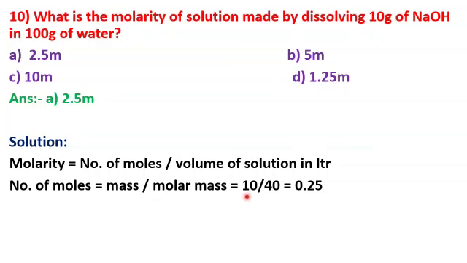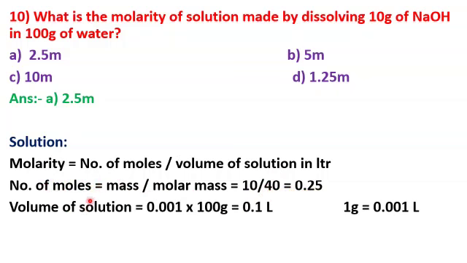Molar mass is sodium 23 plus oxygen 16 plus hydrogen 1, which equals 40. So 10 divided by 40 gives 0.25, the number of moles of sodium hydroxide.